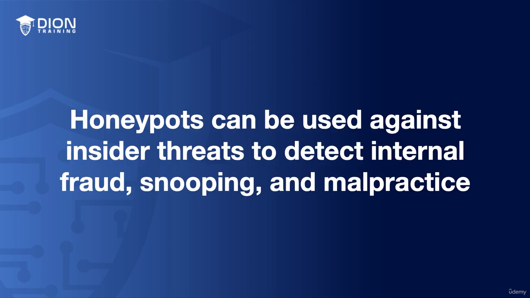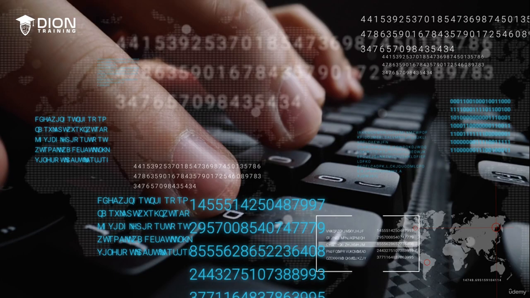These honeypots can also be used against insider threats to detect internal fraud, snooping, and malpractice, and they can be configured to work as an actual network or simulated network using an emulation application. Our honeypots are designed to log all interactions and transactions in order to provide valuable insights into the threat landscape.